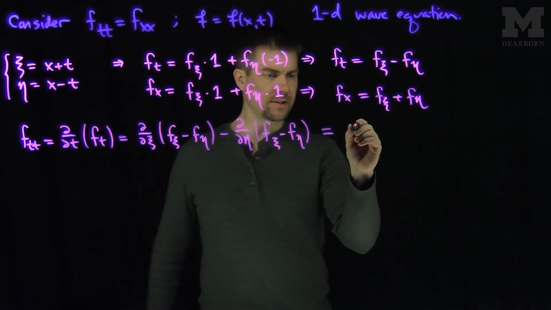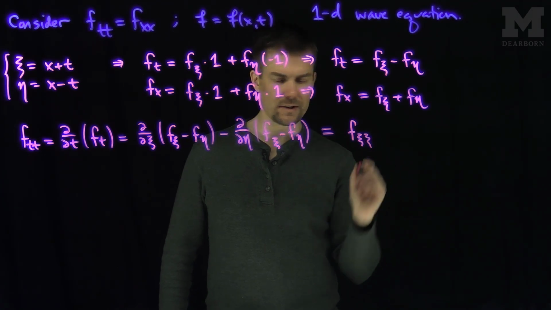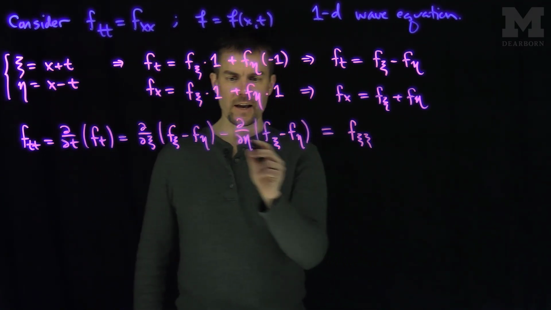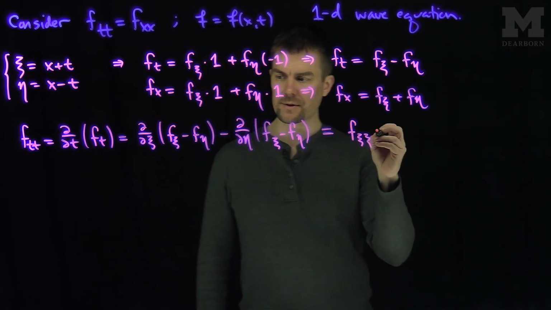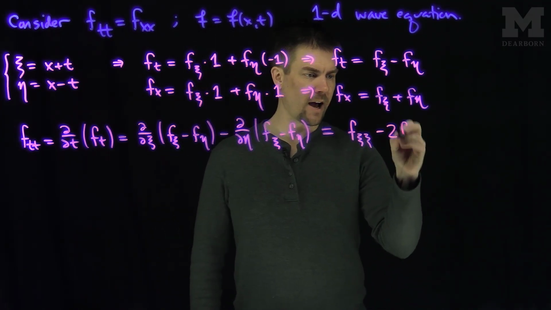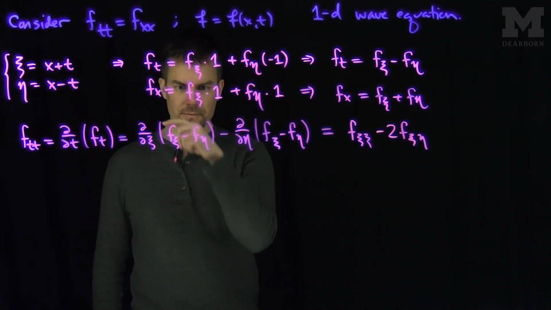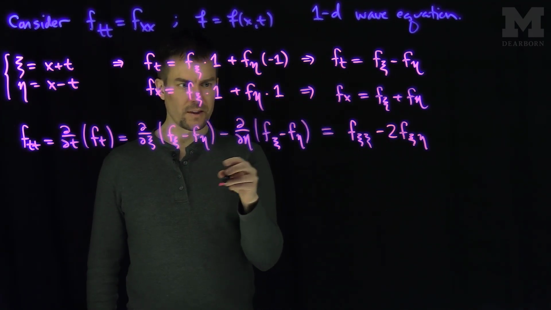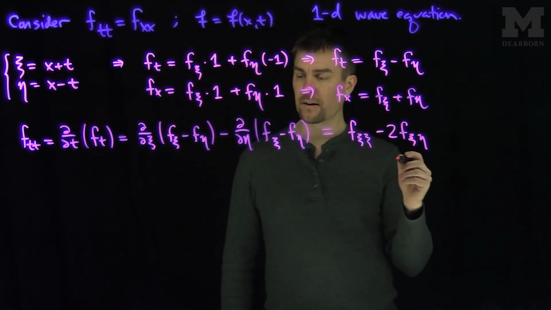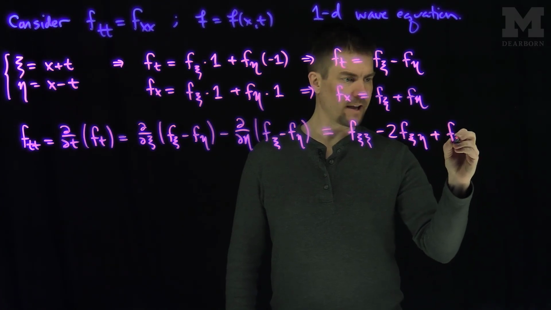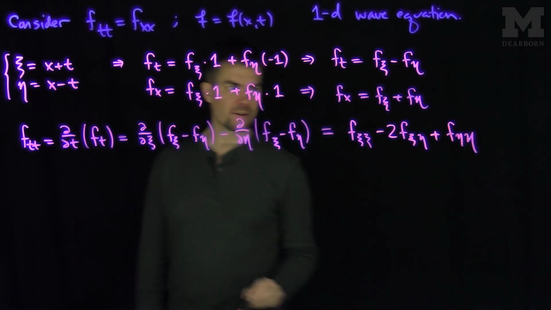I'll get an f_xi xi, and then I'll get an f_xi eta with a negative sign, and another f_xi eta with a negative sign. So I'm going to have -2 f_xi eta, and then finally I'll have a positive f_eta eta. That's the second t derivative.